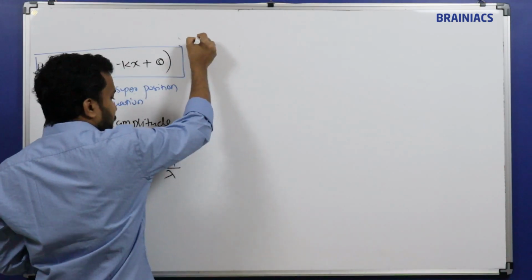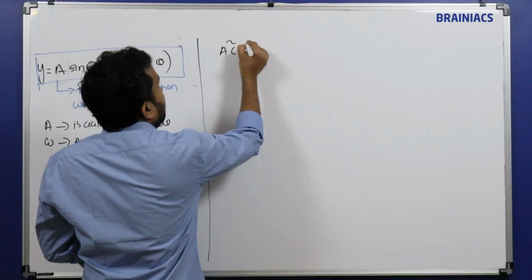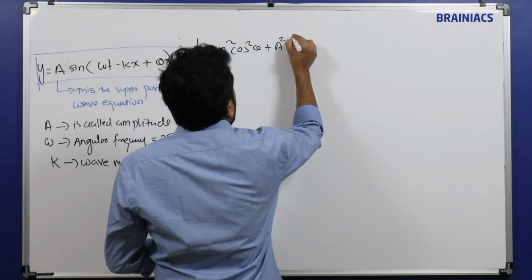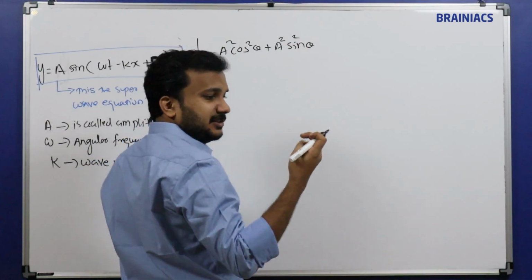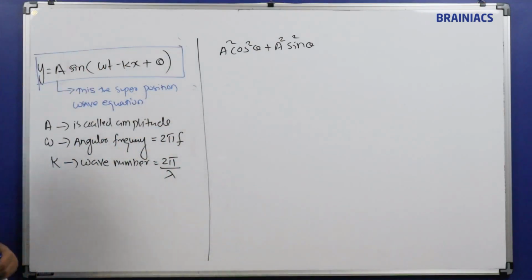Based on the two terms, I know A square cos square theta plus A square sin square theta. A cos theta we have written just 5 minutes before in your notebook. A sin theta also we have written in your notebook. If you take the square of these two terms, what will come?